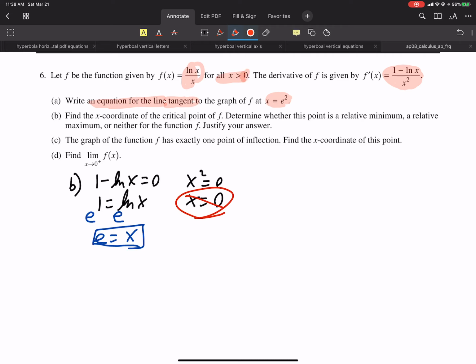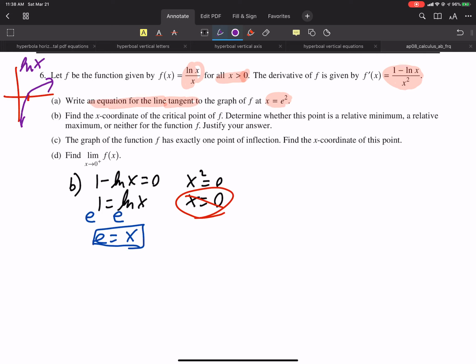The function ln of x does not exist at 0 or to the left of 0. And just a reminder, let me do a quick rough graph of ln of x. That's ln of x, just for reference for the rest of this problem.